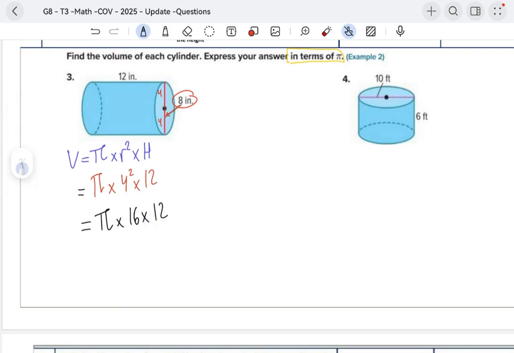Let's do it as a long multiplication. 12 times 16. 2 times 6 is 12. 2 times 1 is 2, plus 1 is 3. Put a 0. 1 times 16 is 16. Add 2, 9, 1. 192. So the volume of this cylinder is 192 pi, and the unit is inch cubed.